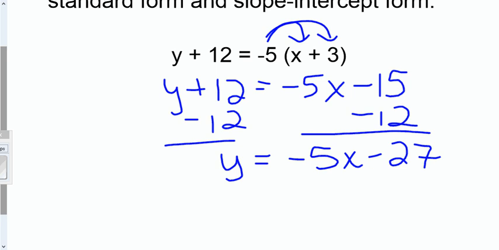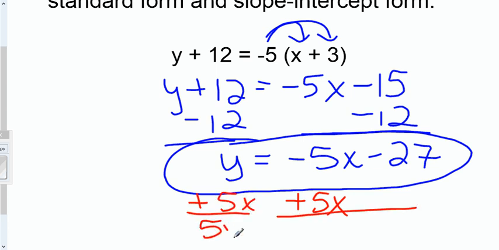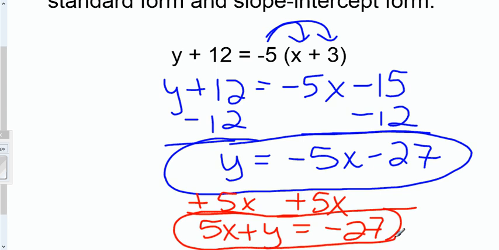If you put those together, you get negative 27. Watch your integer rules there. That's my slope-intercept form. Let's make that standard form. Add 5x to both sides. And we're going to have 5x plus y equals negative 27. And that is my standard form.